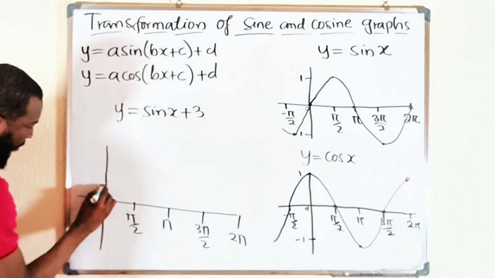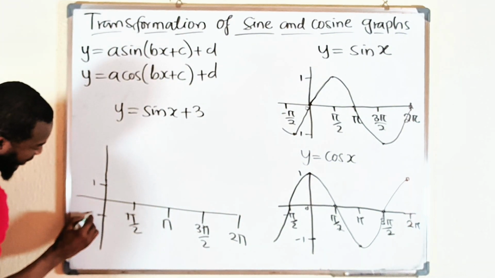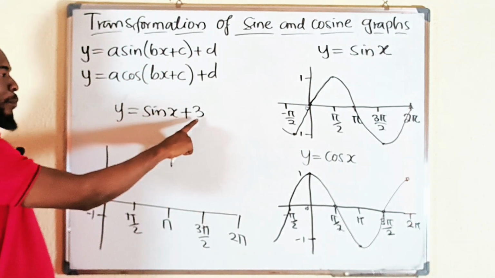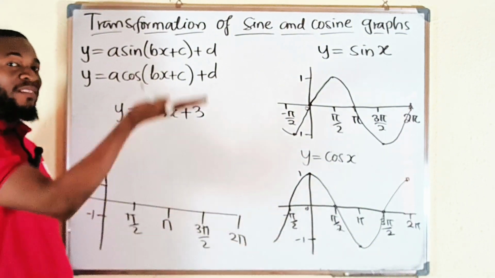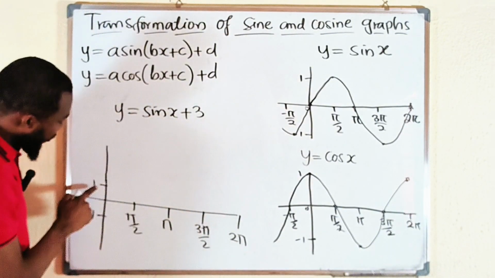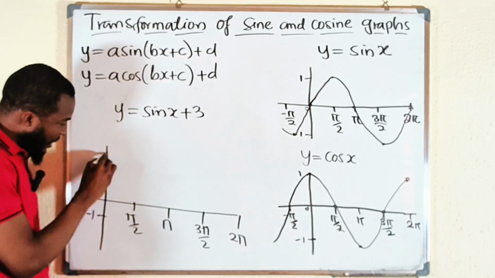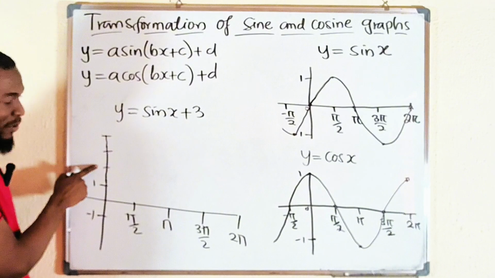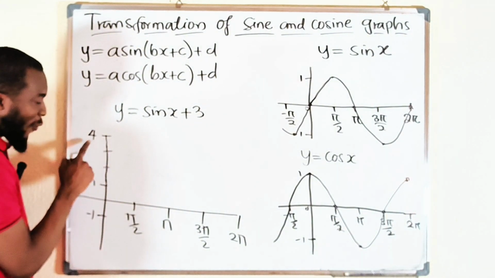Assuming this is 1 and this is negative 1, plus 3 means you should shift the graph 3 units above because it is plus. So from 1, our maximum, it will reach 2, 3, 4, because 3 units above. So your maximum will be at 4.